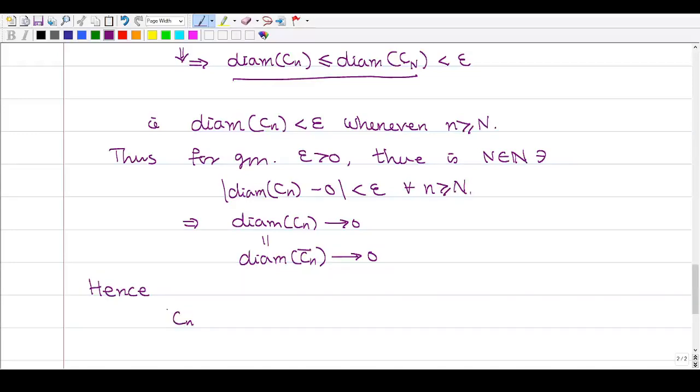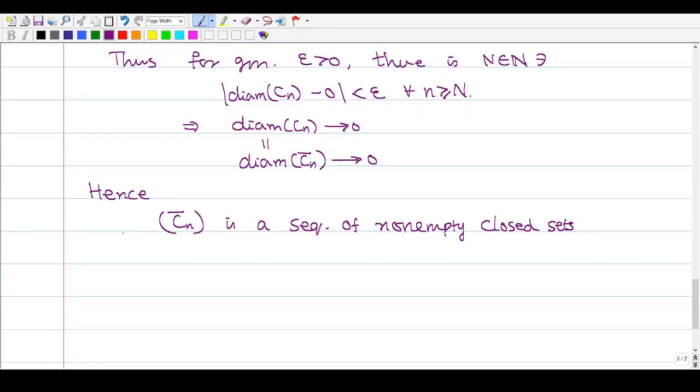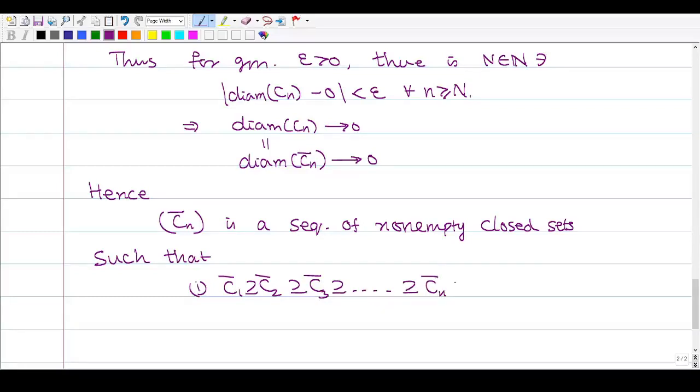Cn closure is a sequence of non-empty closed sets such that number one, C1 closure contains C2 closure, which contains C3 closure, contains Cn closure, which contains Cn plus 1 closure, and number two, the second property, diameter of Cn closure converges to 0.